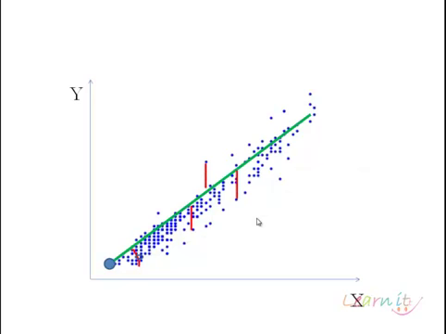In the first 2 recordings, I'll just try to build up. If you look at these lines, these blue dots are basically the actual data which you have, and the green line is the fitted line, the line which you have got after running a regression. If you imagine your spreadsheet, you have the actual data of Y with you.